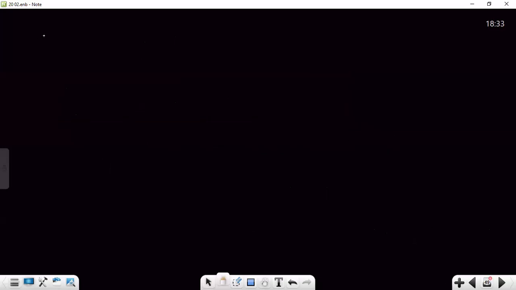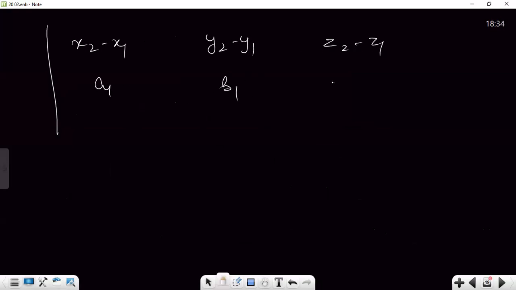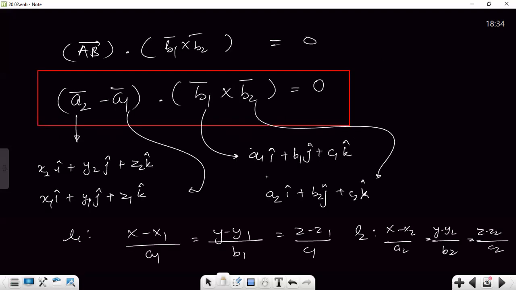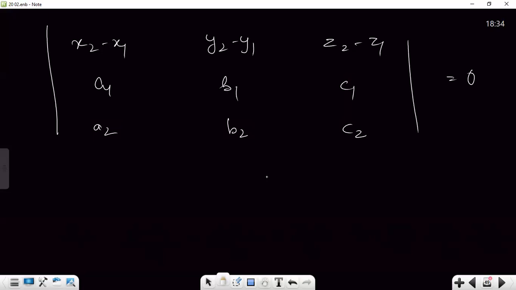That will become the determinant with rows x2 minus x1, y2 minus y1, z2 minus z1; a1, b1, c1; a2, b2, c2. This is the equation of the plane in Cartesian form.